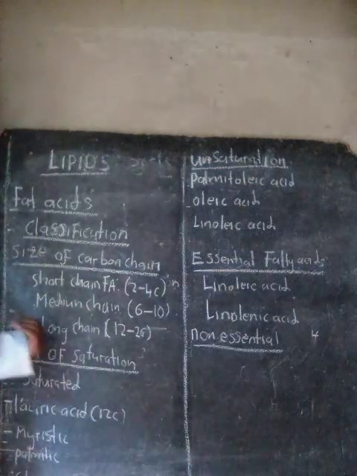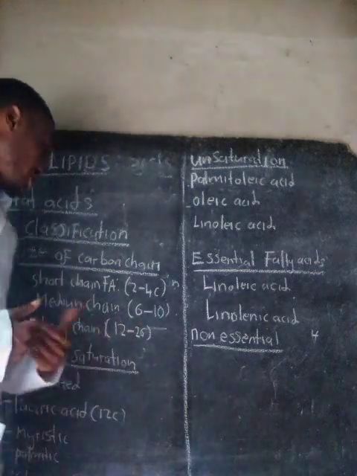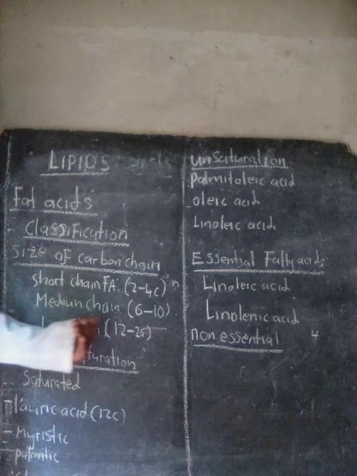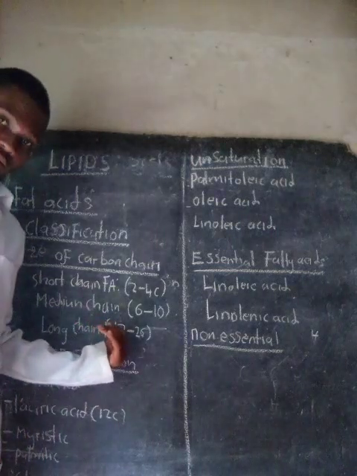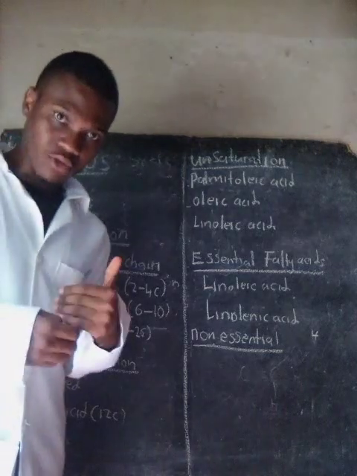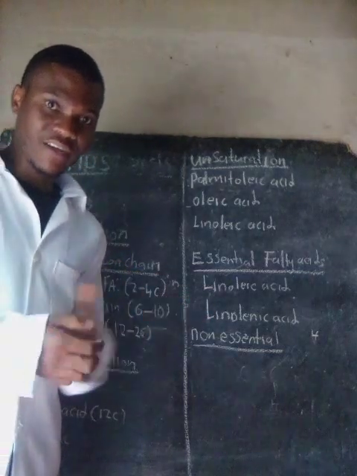Then we have the long chain fatty acids. These are the longest chains that you ever get, with a minimum of 12 carbons and a maximum of 26 carbon atoms. So using that, we can classify these fatty acids.